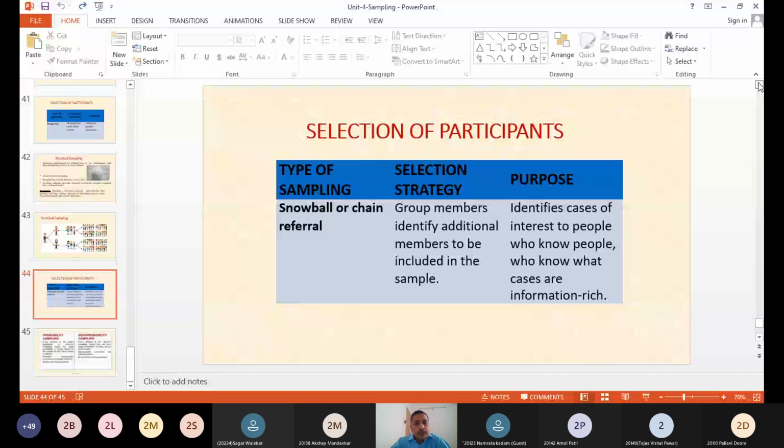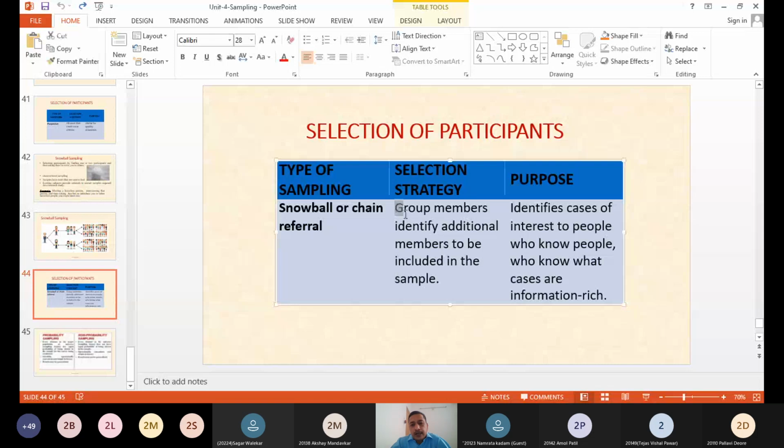In this snowball sampling, the strategy is that the group members identify additional members to be included in the sample. The initial group or individuals whom the researcher finds will identify additional members to be included in the research study.